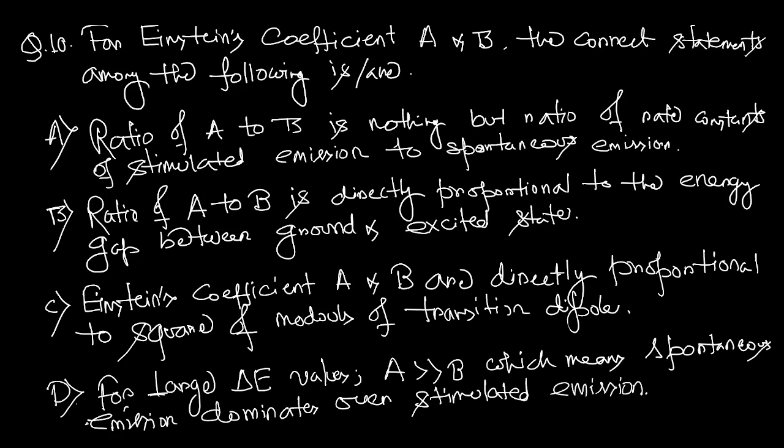Okay, so what we found is that A by B is 8 pi h cube by c cube, but we don't know the expression of A and B individually. We have a relationship.